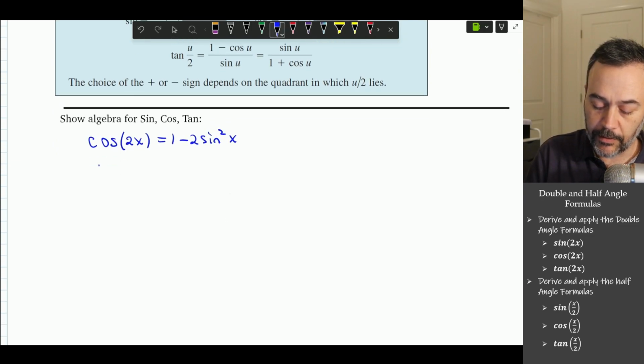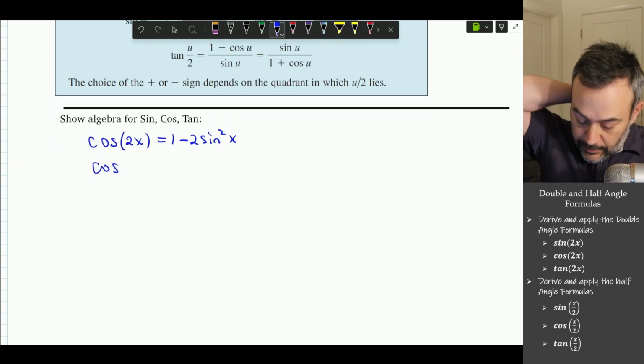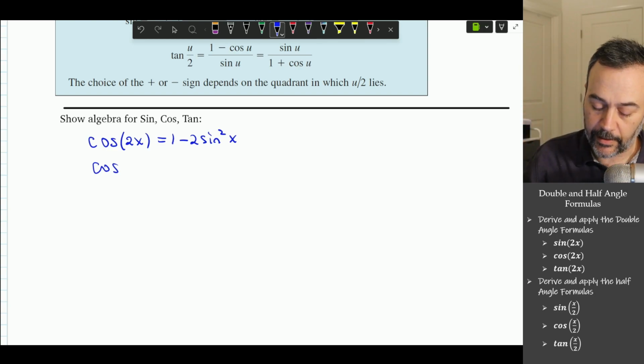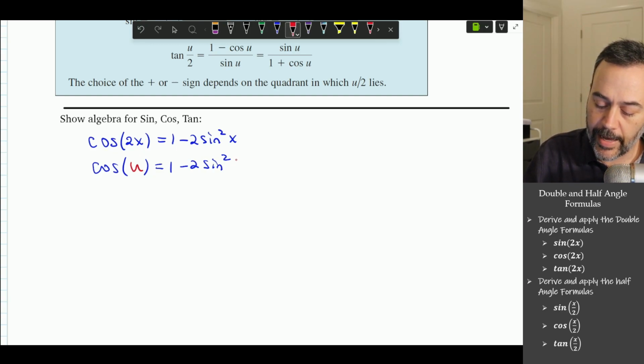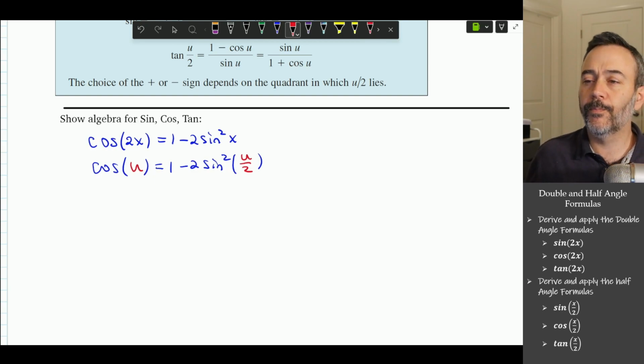I can rewrite this as cosine of u, instead of 2x, equals 1 minus 2 sine squared of x, and since 2x is u, x is u over 2. So I've just done a substitution, and now I just solve for sine of u over 2 using algebra, and I'm done.